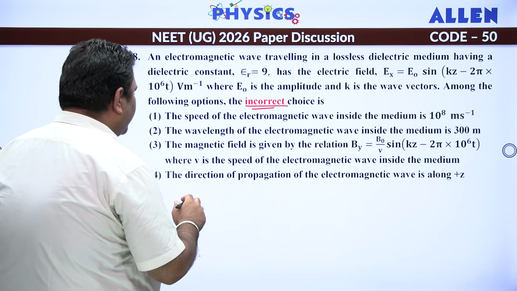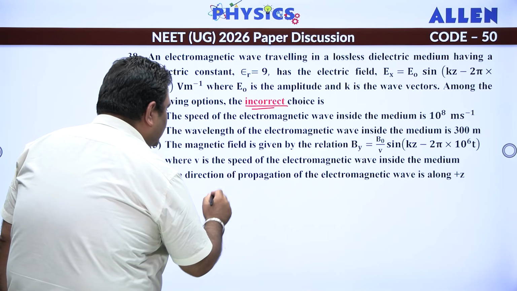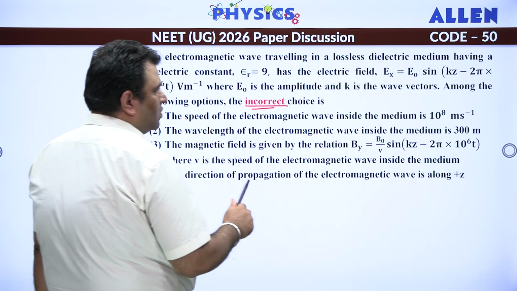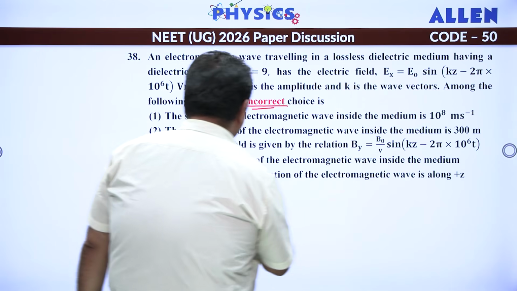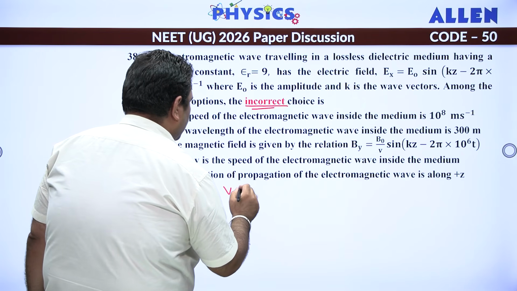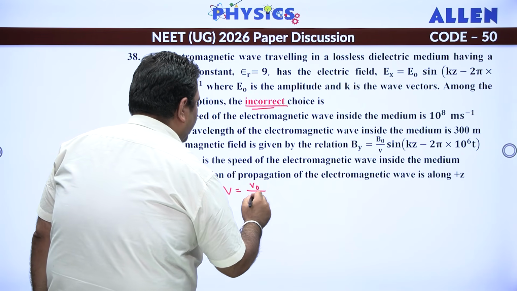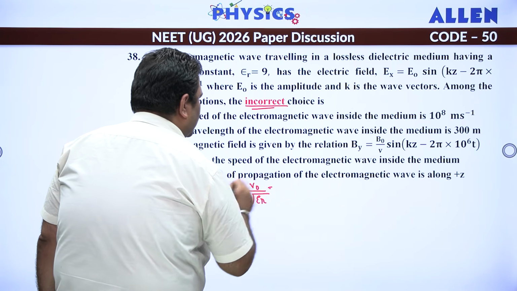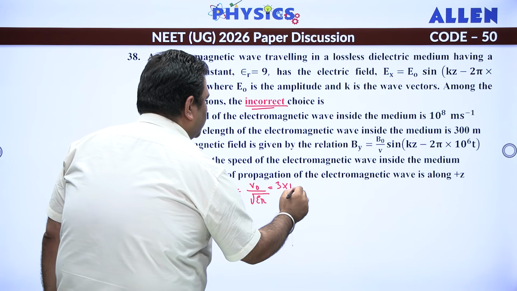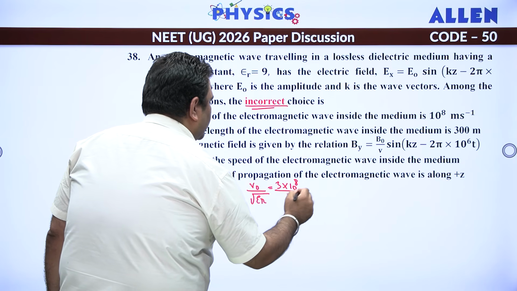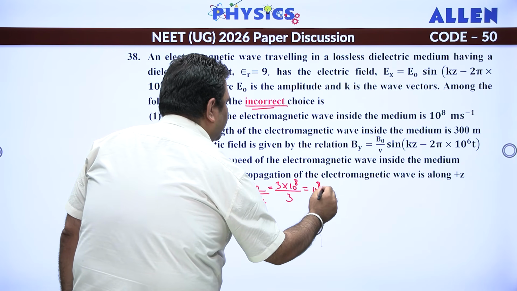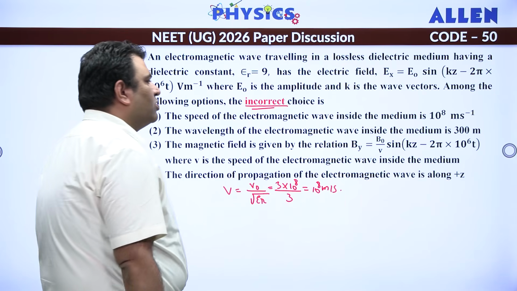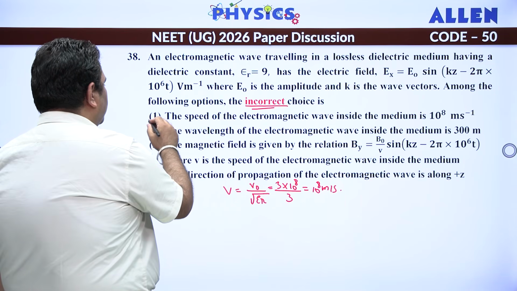V can be written as V naught divided by root epsilon r. What is this expression now? This comes out to be 3 into 10 raised to 8 over 3, that is 10 raised to 8 meter per second. So that means the velocity option is correct.